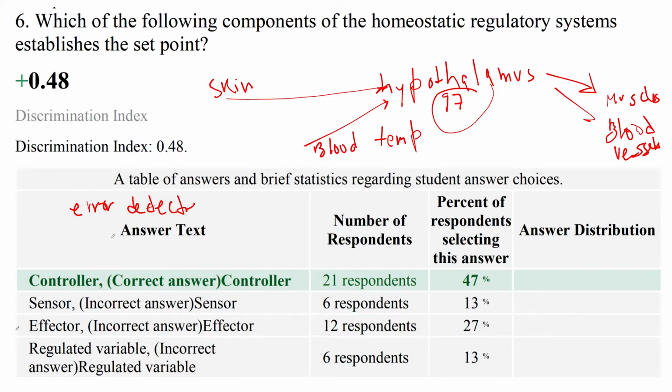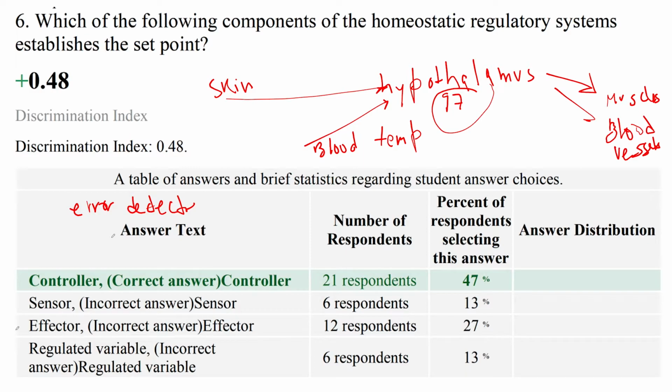And another challenge was saying, one student wrote that the effector acts on the body to establish the set point, but the controller is what signals the effector with the appropriate set point. Well, I think that is a little bit of confusion there. The effector doesn't act on the body to establish the set point.